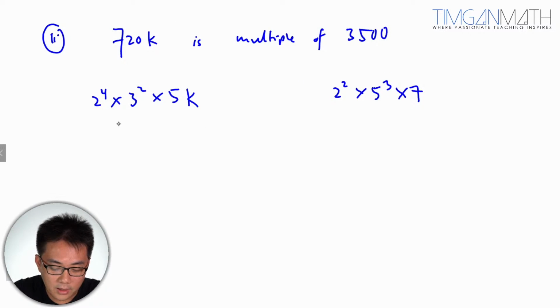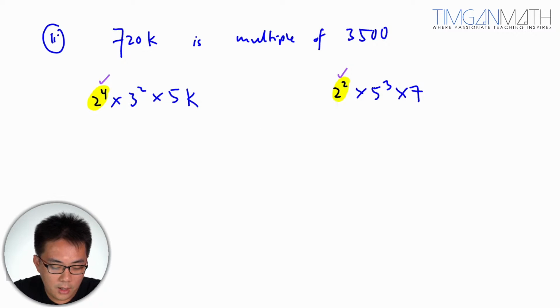We go to each prime factor and slowly see what is lacking for 720k. So 2 to the power of 4 actually contains 2 squared. So this is settled, right? We know that 2 to the power of 4 could divide by 2 squared because it contains it, so it's fine.